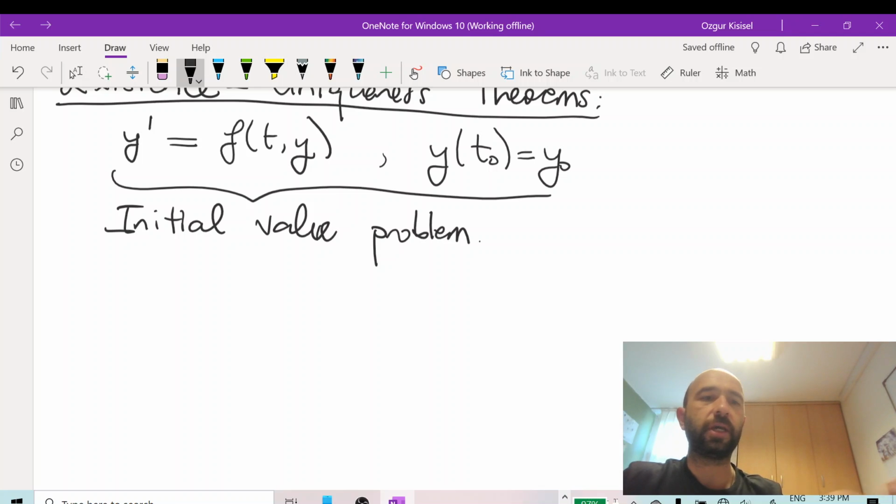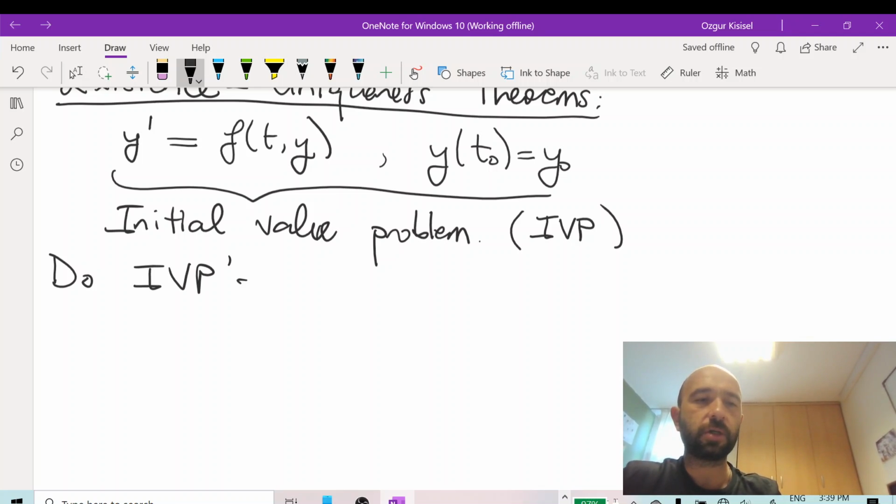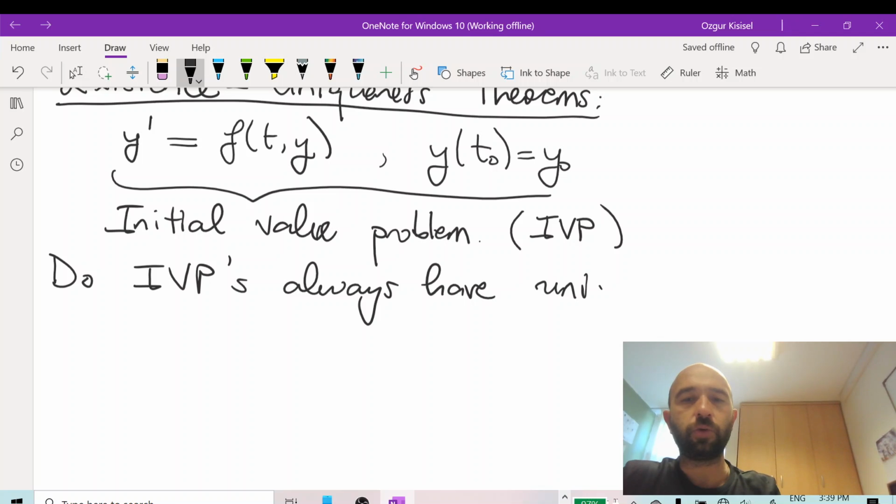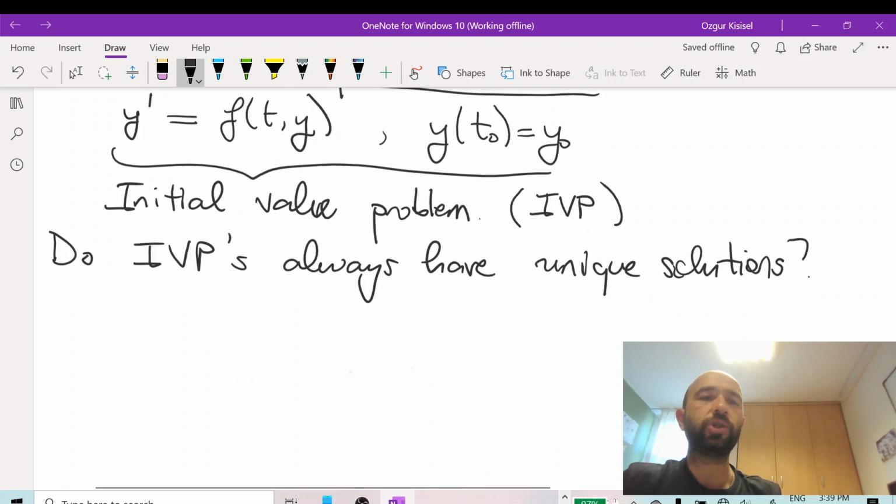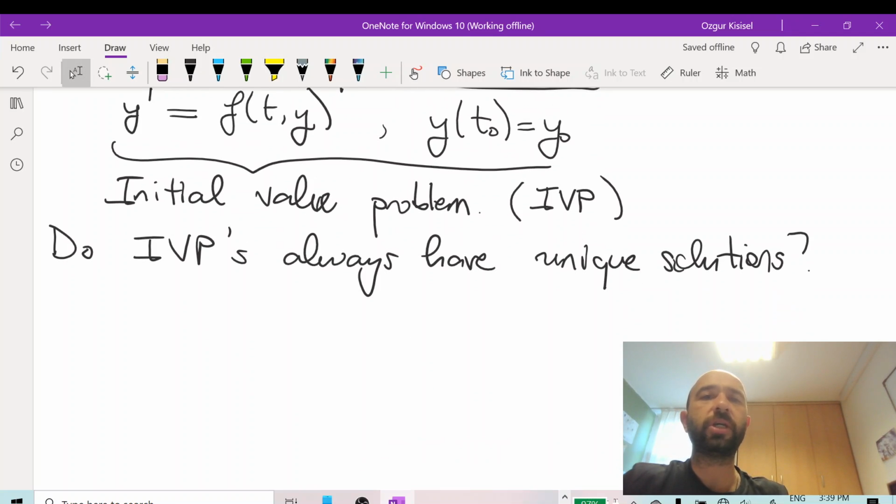Is this always the case? So let me write an abbreviation to this, IVP. Question is, do IVPs always have unique solutions? This is the general question. So this question has two parts. If I write an IVP like this, does it always have a solution?